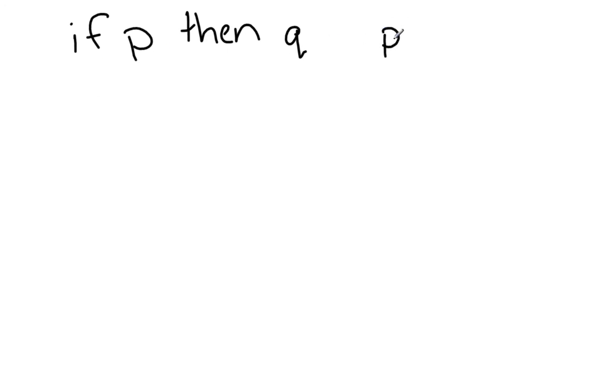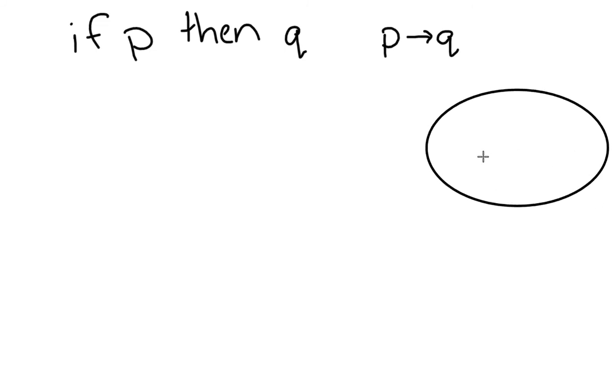We can say if P, arrow indicates then, Q. Or we can do this with cool kid pictures. We make some ovals here. Kind of looks like a guy who's surprised. So what this is saying is if P, then Q. Alright? So this is all symbols.